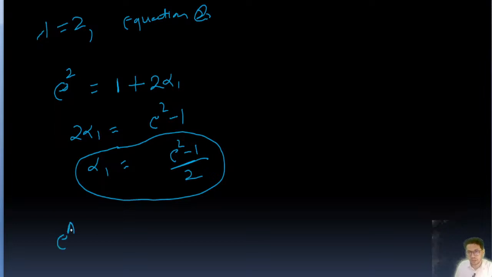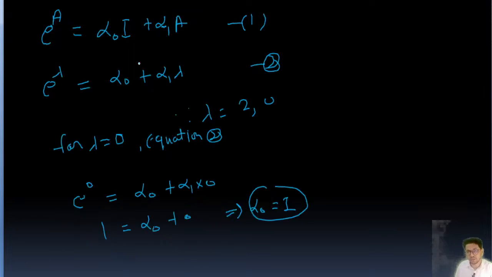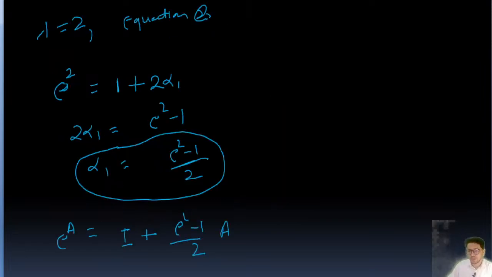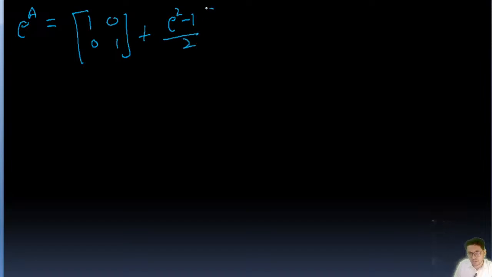So e to the power A is going to be I plus e square minus 1 by 2 into A. Here I is the 2 cross 2 identity matrix, 1 0 0 1, plus e square minus 1 upon 2 times the matrix A, which is 1 1 1 1.